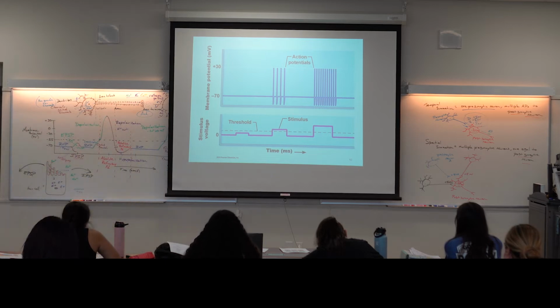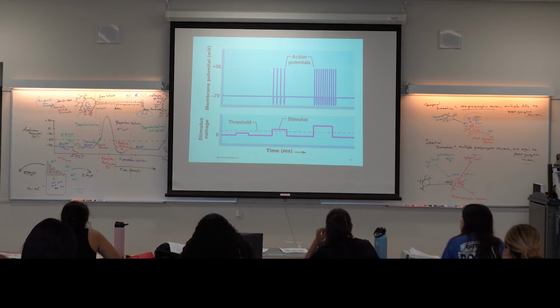Think of me standing over here tapping on my knee very slightly, and if I'm just very lightly tapping, that's a sub-threshold stimulus and it's not generating any action potentials. A sufficient threshold is going to definitely stimulate action potentials, but a stronger stimulus is going to generate even more action potentials.